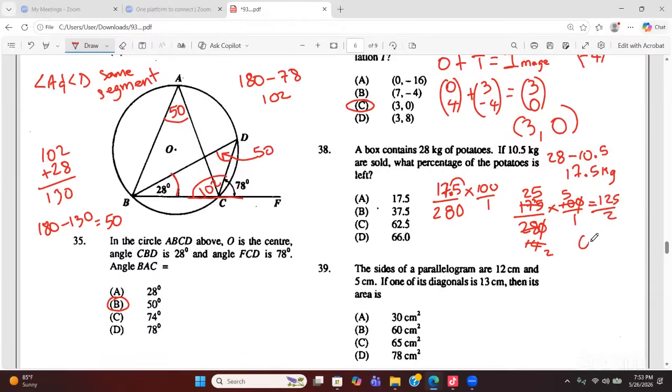This is 62 and a half. Boom, there's your answer. Questions like these, you just keep working down. It's just regular canceling down.